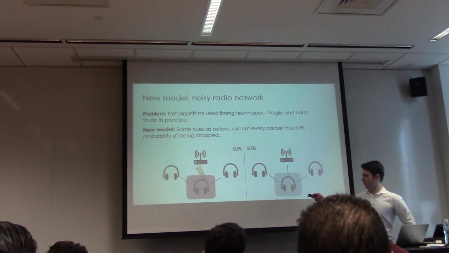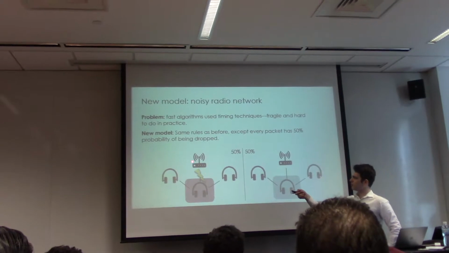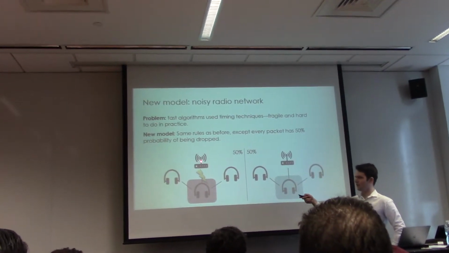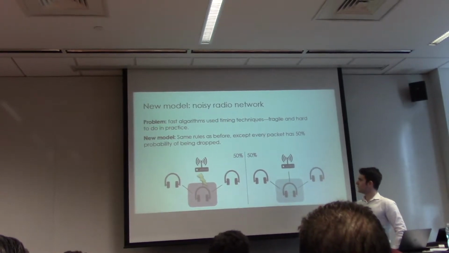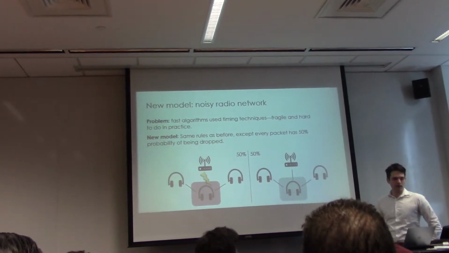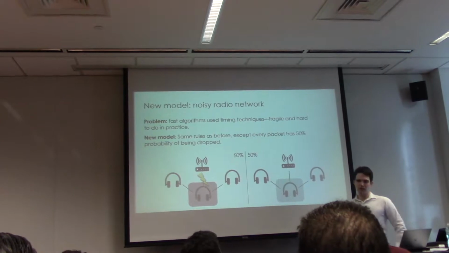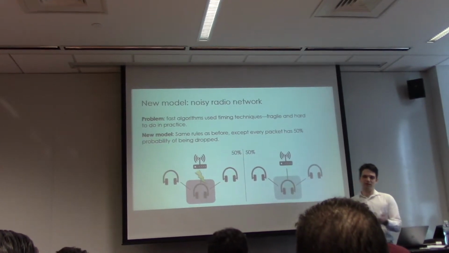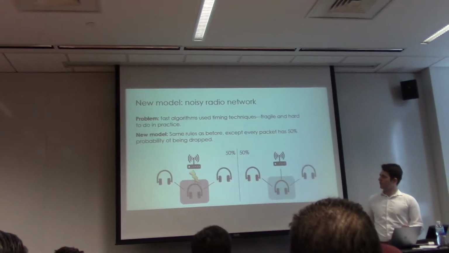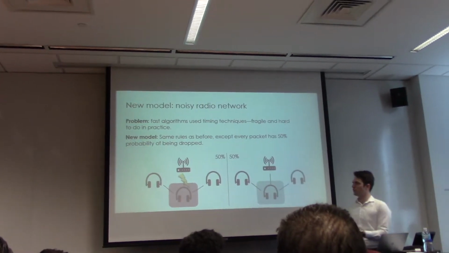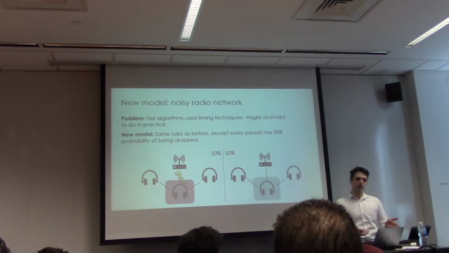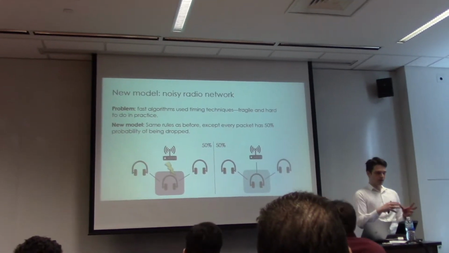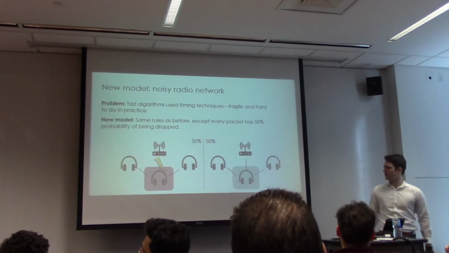So imagine this, in this picture, a message is properly sent to this node by this one, but with 50% it gets dropped. Or with 50% it will get correctly delivered. Well, good. Basically the same thing, except you have a little bit of randomness, which makes sense because it's like the real world. Often you cannot really say the network is deterministic. You have to allow the possibility that something might get messed up.